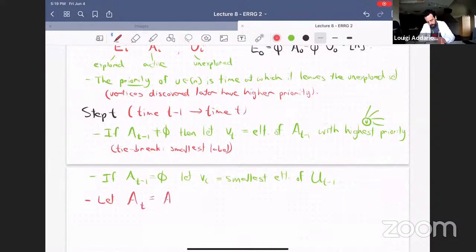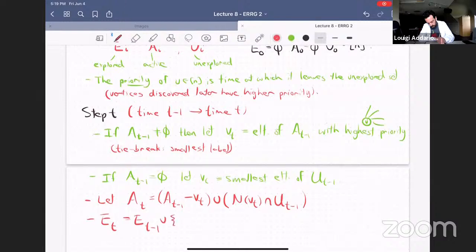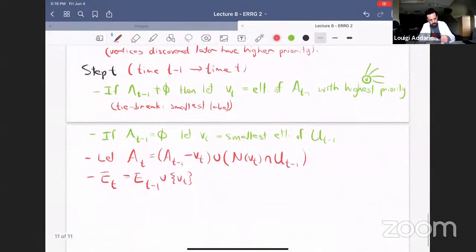So A_t is A_{t-1}, we remove V_t, but then we add in any previously unexplored neighbors of V_t to the active set. We've now explored V_t, so we put it into the explored set. So E_t is E_{t-1} union V_t, and in the unexplored set, we have to remove V_t.